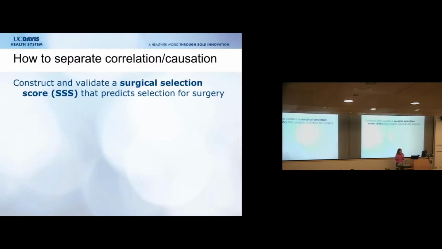What we're trying to do right now is construct and validate a surgical selection score. And what we want to do with this score is predict the patients who undergo surgery for lung cancer. There's a lot of data about scoring systems and surgery. Sometimes they're called nomograms, other times they're just called scores.